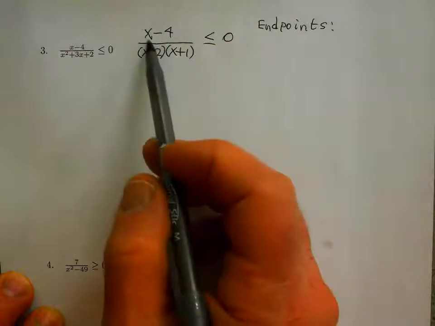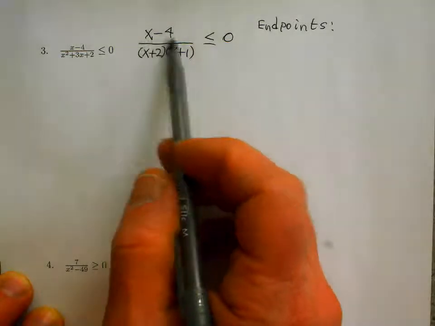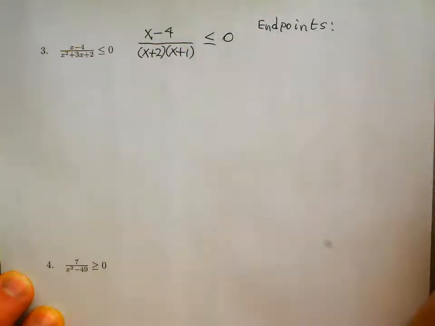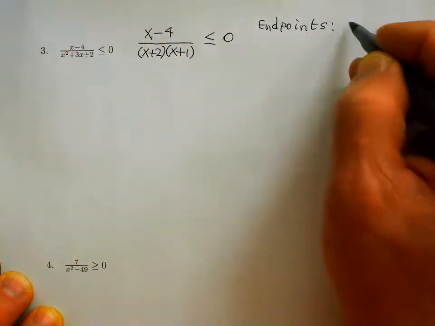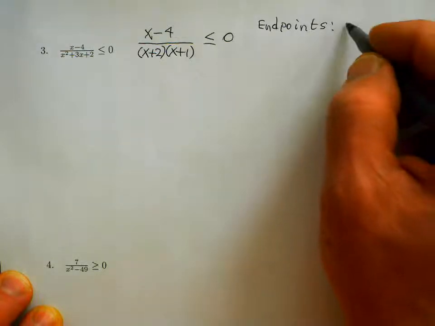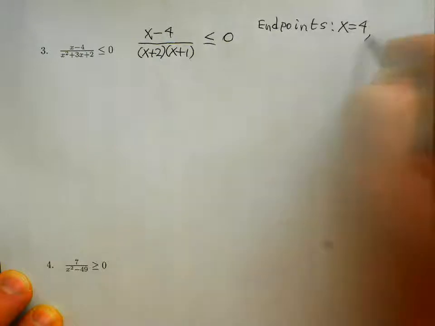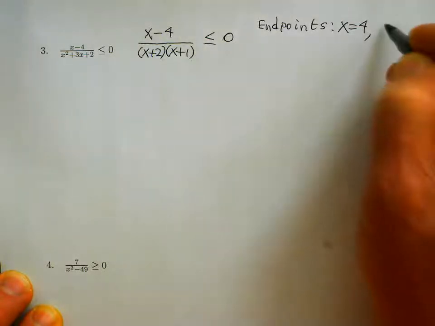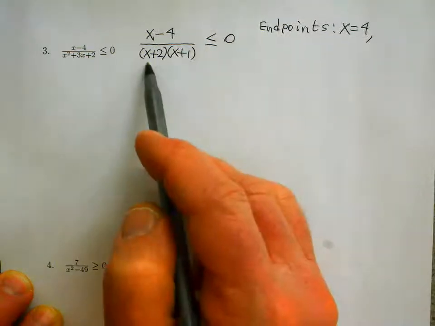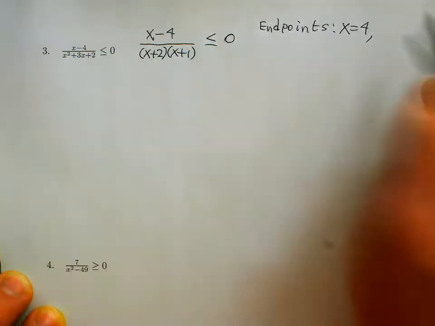Okay, I got some answers online, and they look correct. X equals 4. That makes the numerator 0. X equals negative 2. That makes this factor 0.